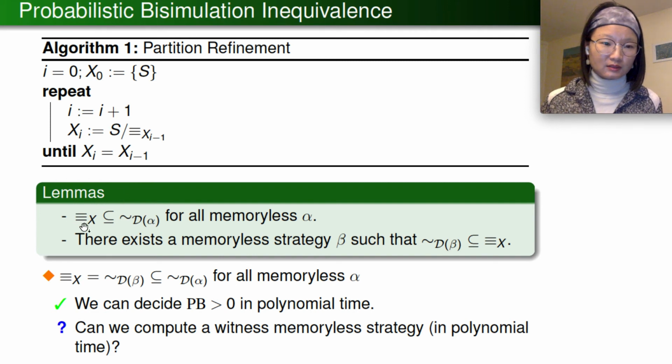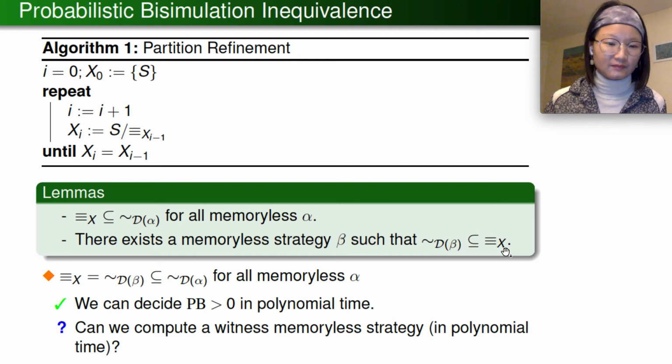The first one states that equiv_X is a subset of the probabilistic bisimilarity relation in all induced LMCs. And the second lemma states that there exists a memoryless strategy beta such that the probabilistic bisimilarity in the induced LMC D_beta is a subset of equiv_X.